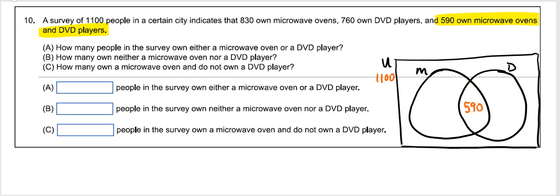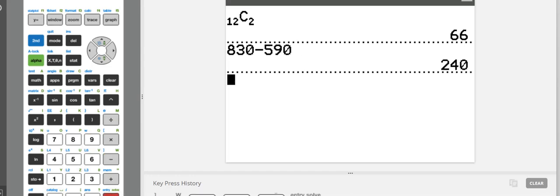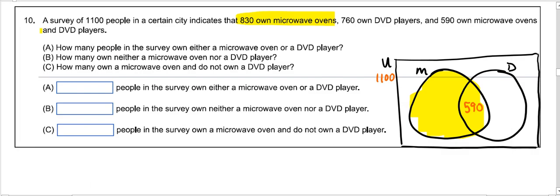Okay, we need that number to find how many own microwaves. So here we go. That should be the number 830 that own microwaves. There's already 590, so I'm going to go 830 minus 590 is 240.